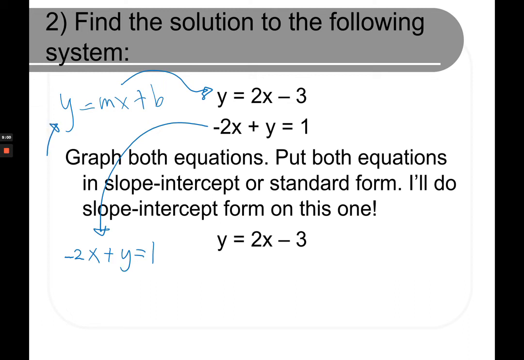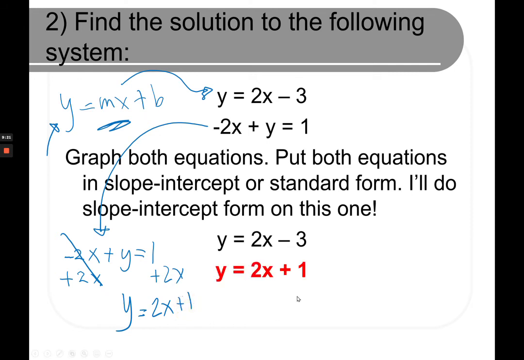Meaning to say, we only need the y on the left side. To get rid of the negative 2x, we apply the addition property. We add both sides by 2x. This cancels. Y is equal to, copy your 2x first according to the form mx plus b, and then plus 1.